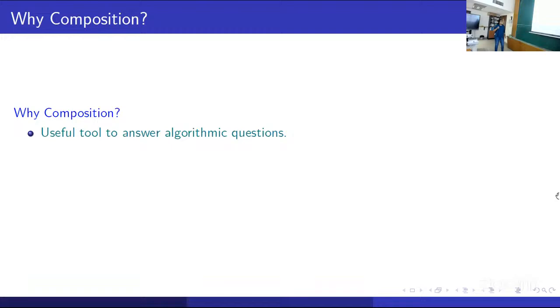Now, before moving forward, the question is why we are even interested in studying composition. One thing that we usually do to answer many algorithmic problems is that we have a huge task, we divide it into smaller chunks, we solve them and combine them. But if we don't know that the complexity measure I am working with behaves nicely, that is, when I am combining, I will definitely get back the thing, then there is no point in doing that.